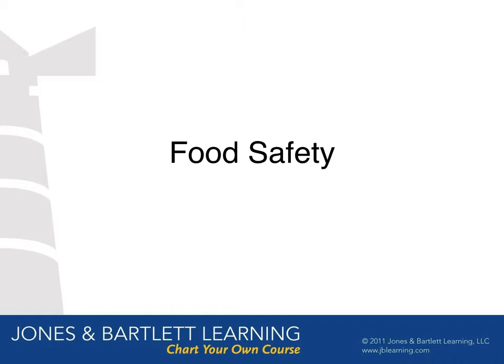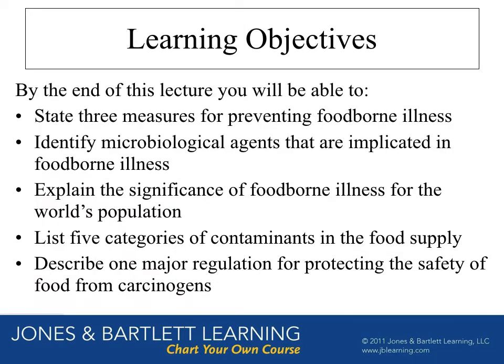And so we'll talk about this with respect to what are some of the measures to prevent foodborne illness at the end, some of the microbial agents and other agents as well that are implicated in foodborne illness, what foodborne illness means, and the significance of this for the world's population, not only from an illness standpoint, but very briefly from a cost standpoint. And 5 other categories of contaminants in the food supply.